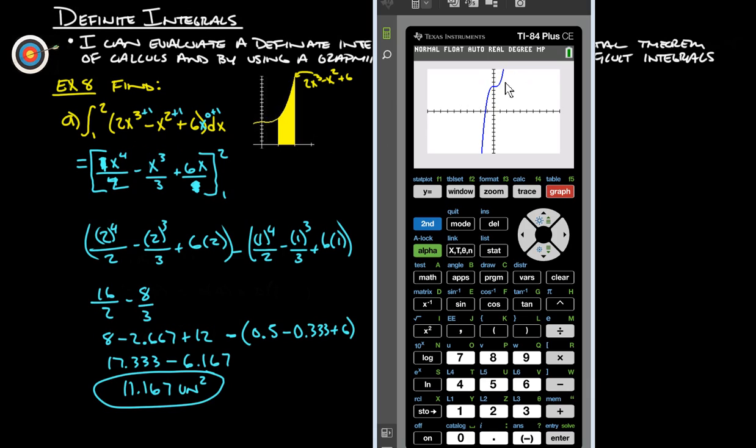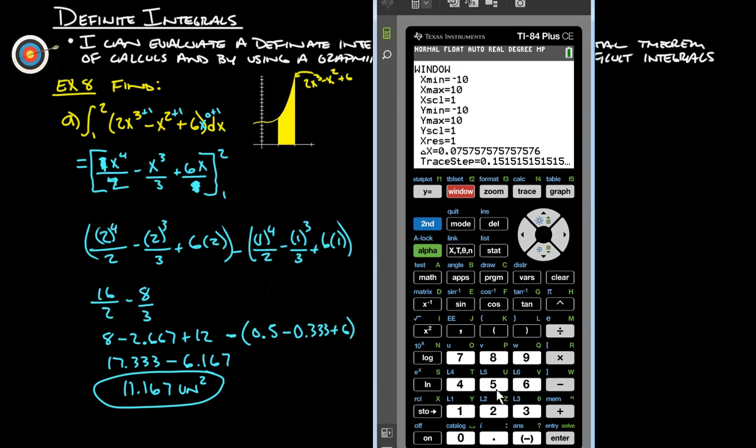So what we want to do is fix our window. For x minimum, we're going from 1 to 2, so I'll maybe put -1 just so we can get our axes in there. X max 10, that's more than we need. We know we're only going up to 2, so I might change this to 5.